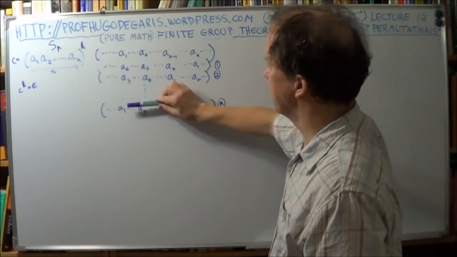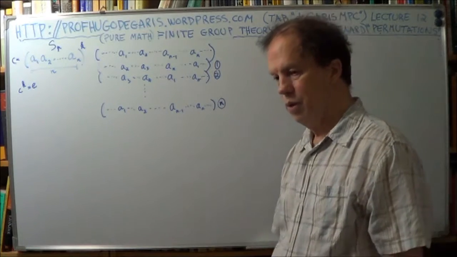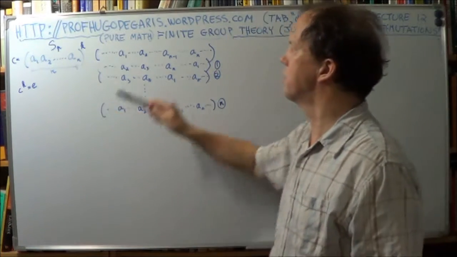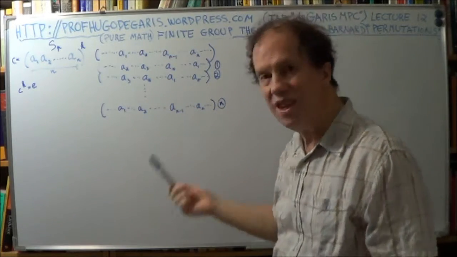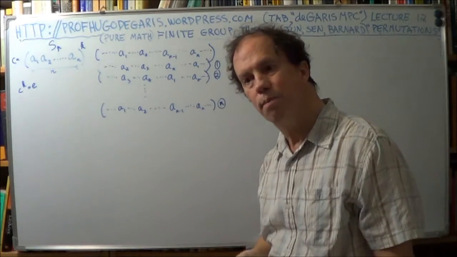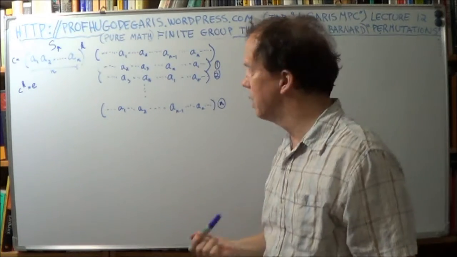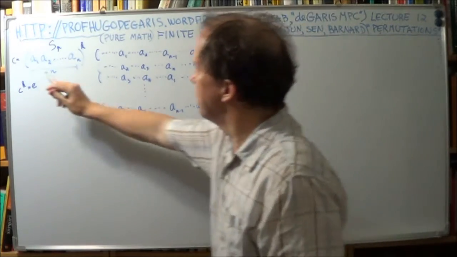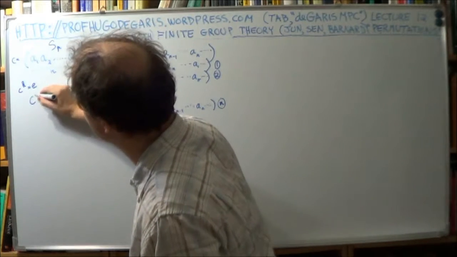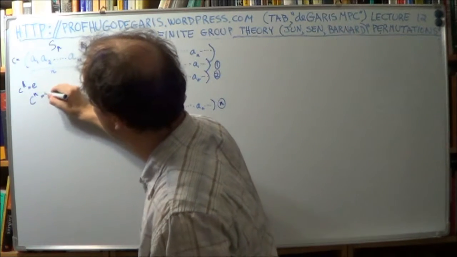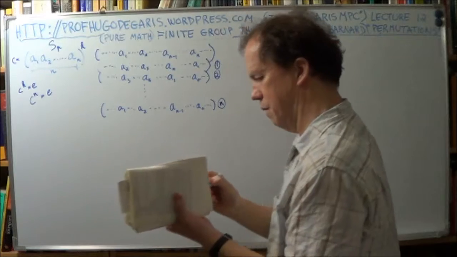So to go from this to this, what permutation have you used that gives you the same? Well, it's E, right? It's the unit permutation. So in other words, C, this permutation, so C to the n gives you E, right?